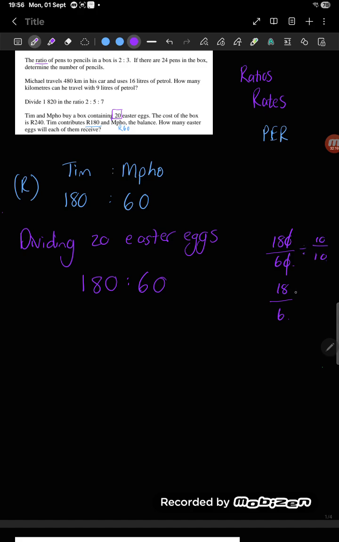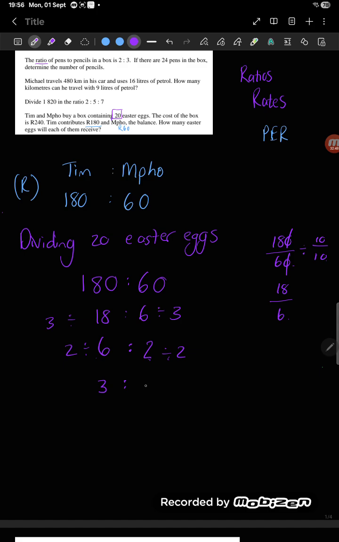Then I'm thinking 18 to 6. Then I'm going to divide that by 3, because I can see 3 as a factor. You've got to do both sides. So 18 divided by 3 is 6 to 2. Now I can see this is not prime yet. I can still divide 6 and 2 by 2, both sides.